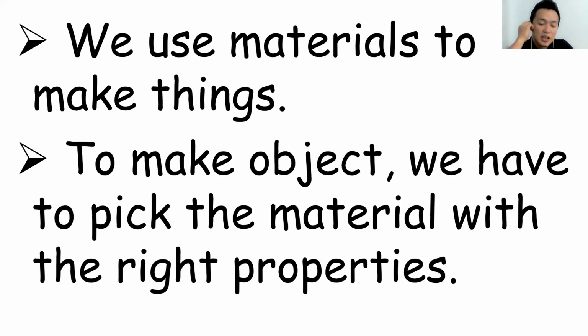So remember, kids, every single time materials or objects are made because of the different properties. Like umbrella. Umbrella is being made because of its uses. The use of an umbrella is to what? To cover you from the rain. That's the properties of each material.